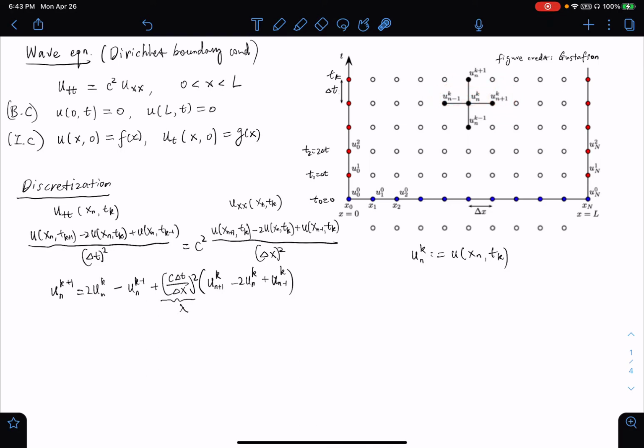In other words, the value u_n^{k+1} can be determined by values at two previous time steps: three values at time step k and one value at time step k minus 1. Let us also summarize what values we have from the boundary conditions and initial conditions.